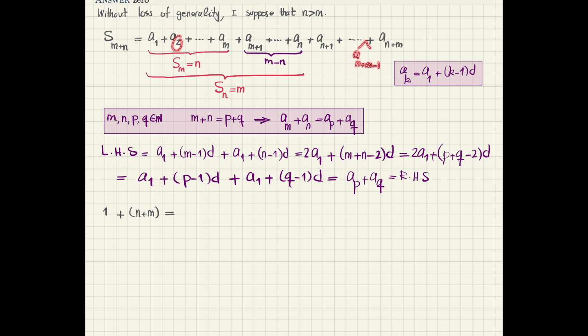Now 2 plus that one also gives me 2 plus n plus m minus 1. Do you agree? Because this sum is exactly this sum. And let us go to the next one. The next one from the first is a sub 3, and the previous to the previous one is a sub n plus m minus 2. Now if I add this index with that index, it becomes 3 plus n plus m minus 2. You see, these equalities are all correct.